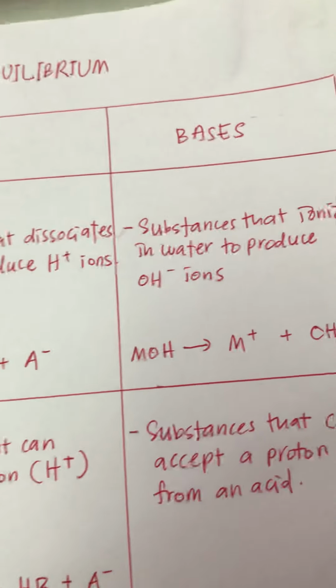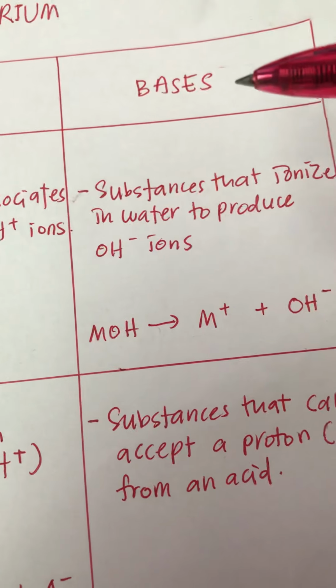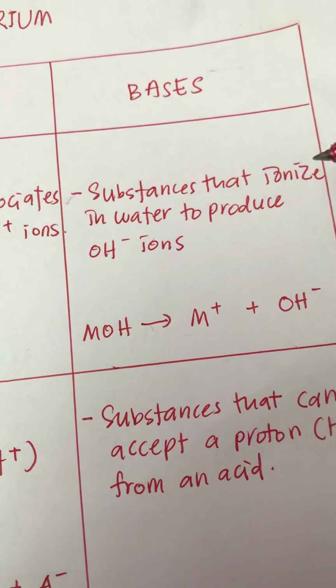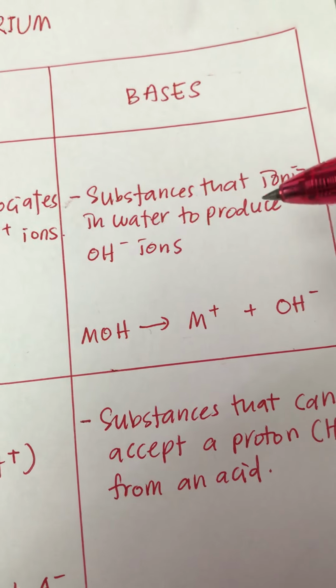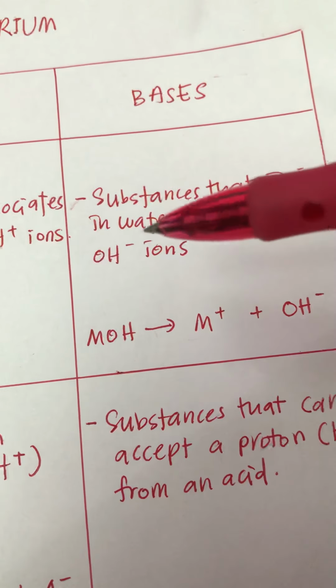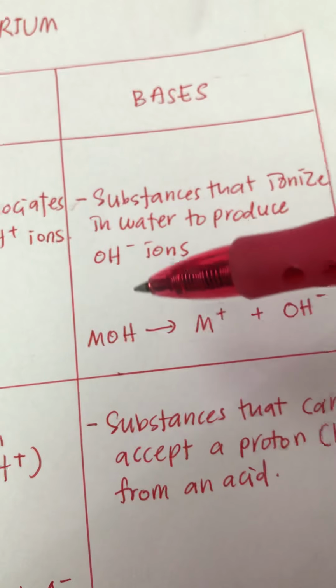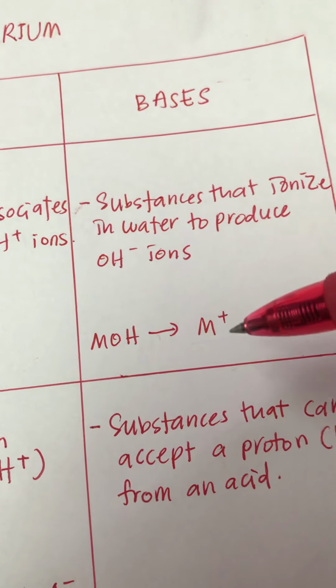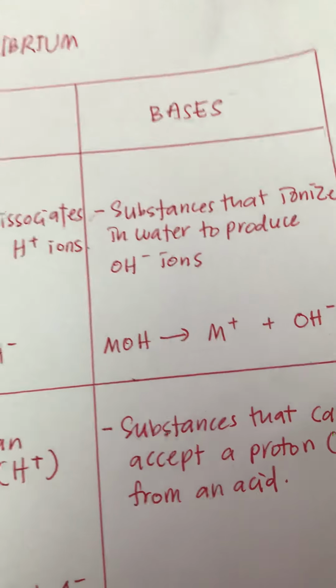Bases are defined as the substances that can be ionized in water to produce hydroxide ions. In this example, you have MOH ionized to form M+ and OH-.